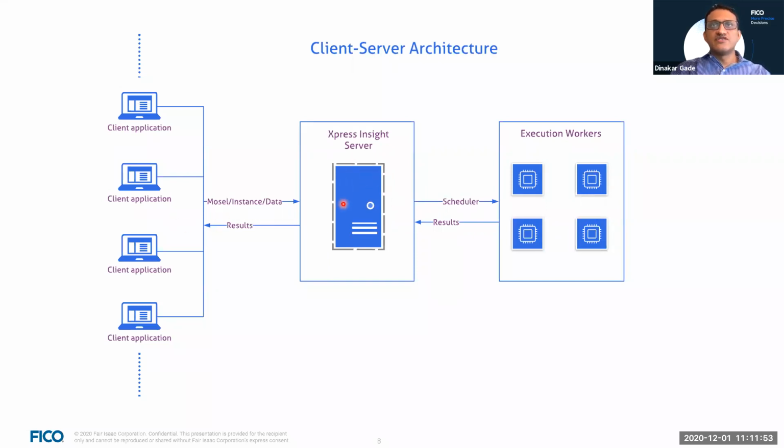Then Xpress Insight server schedules the jobs onto execution workers, and this is where the actual solves are being performed. Once the solve completes, the results are sent back to the Insight server, and Insight server knows which client requested the solve and forwards it back to the corresponding client application.